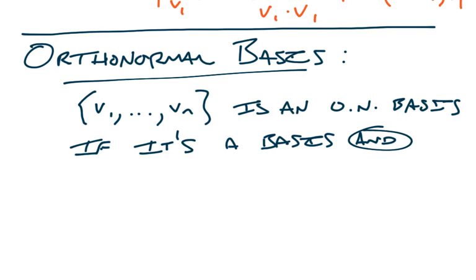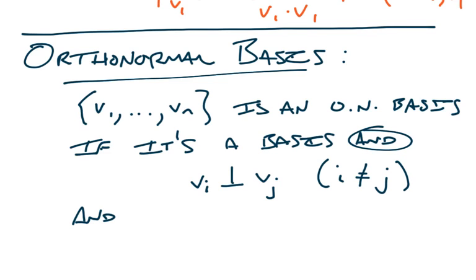And further, they are pairwise orthogonal: whenever i is not equal to j, you get that they're orthogonal. And this is the brand new extra condition: the magnitude of vi is equal to 1 for all i.